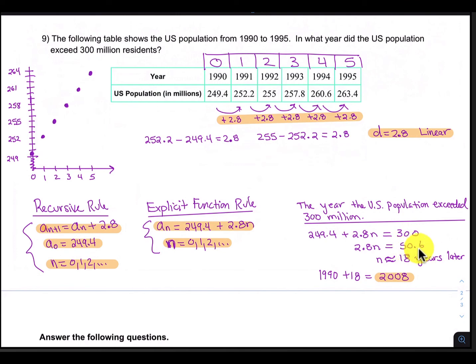That gives you 50.6. And then divide 50.6 by the 2.8, and you get approximately 18 years. Now that's 18 years later, or 18 years beyond our beginning year of 1990. So take 1990 and add 18 years to it, and you get the year 2008.